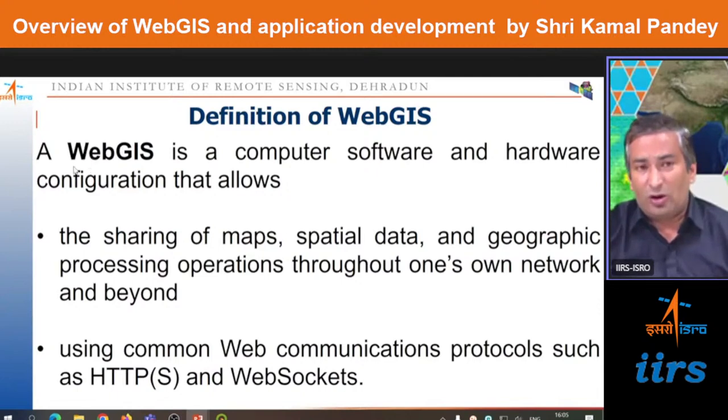If we talk about the formal definition of WebGIS, it is a computer software and hardware configuration that allows sharing of maps, spatial data, and geographical processing operations like buffer analysis, nearest neighbor analysis, point pattern analysis, spatial autocorrelation, co-kriging, all these geographical processing operations, throughout one's own network and beyond, using common web application protocols such as HTTPS and WebSockets.